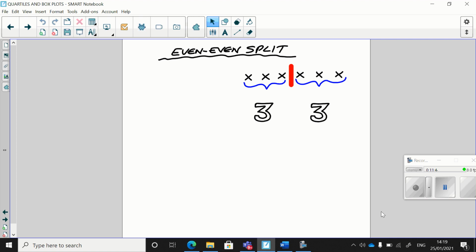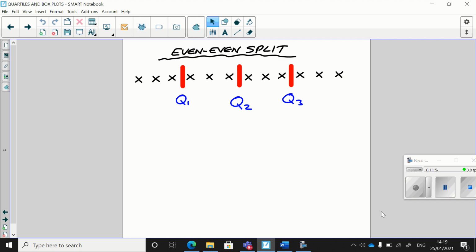That's fine. But the important thing is we're going between two numbers. And that would be our third quartile there. So they're referring to this as even split because initially we had 12, it was even. We split it between two, then we had 6 either side. 6 is even, and we did the same. So that's why this is even.